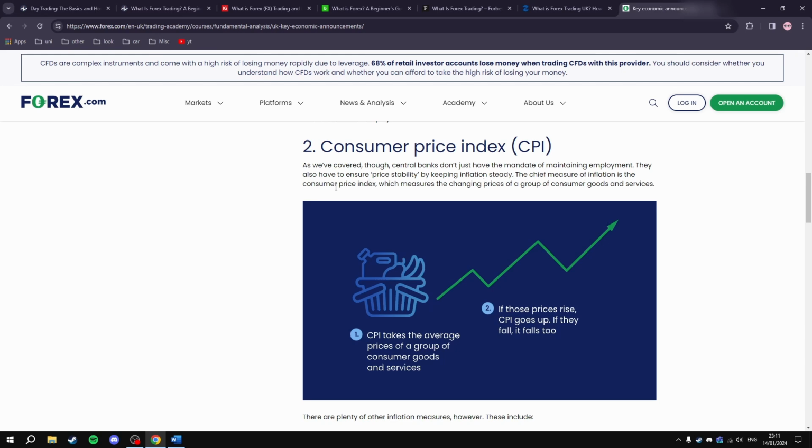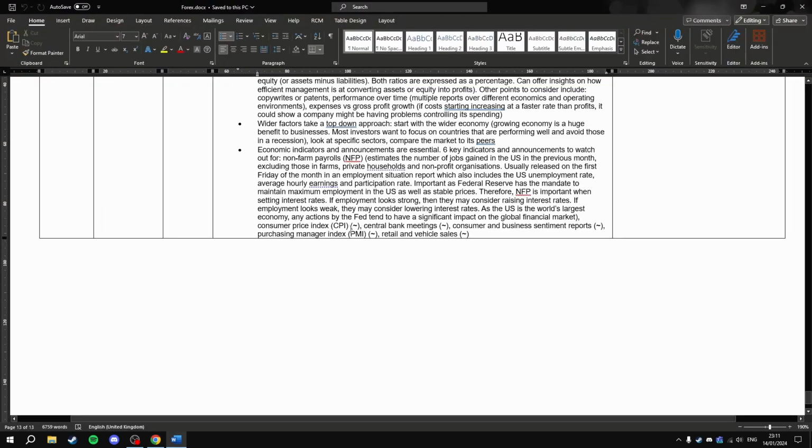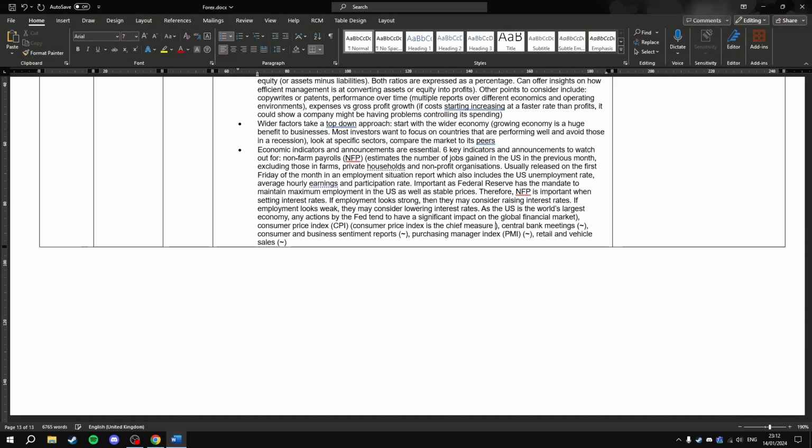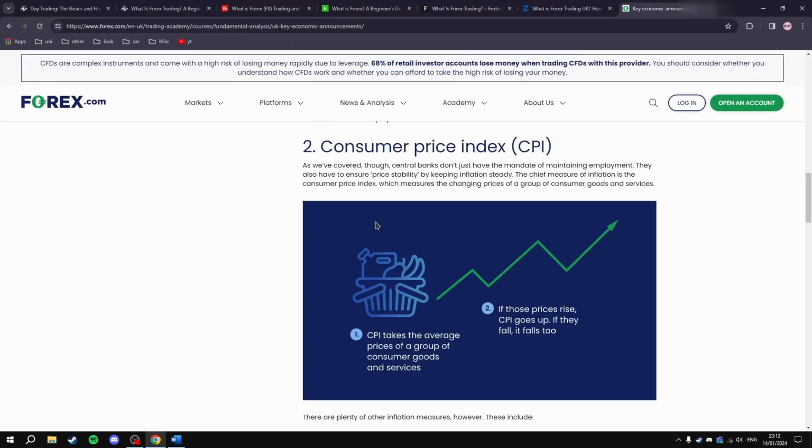The chief measure of inflation is the consumer price index, which measures the changing prices of a group of consumer goods and services.